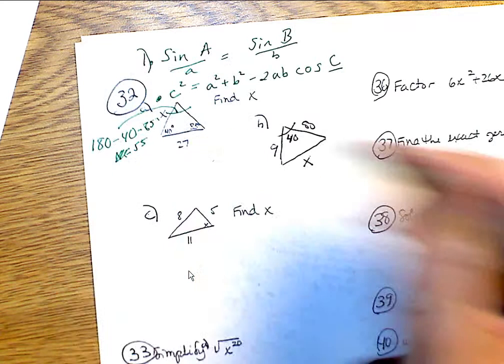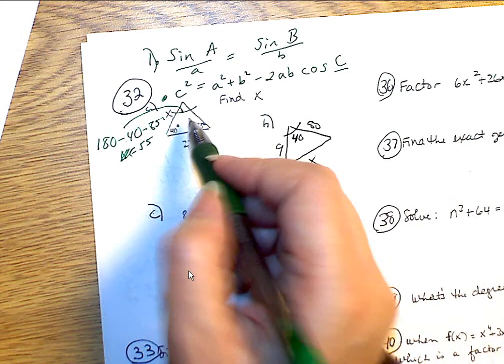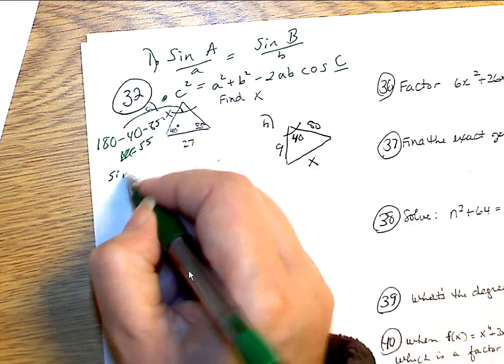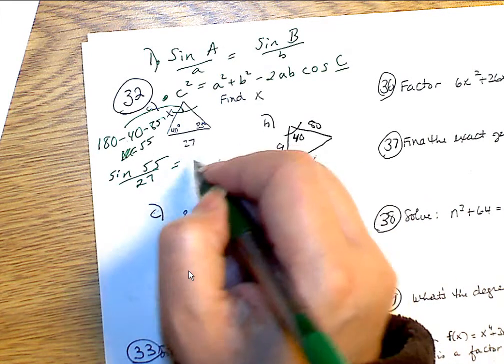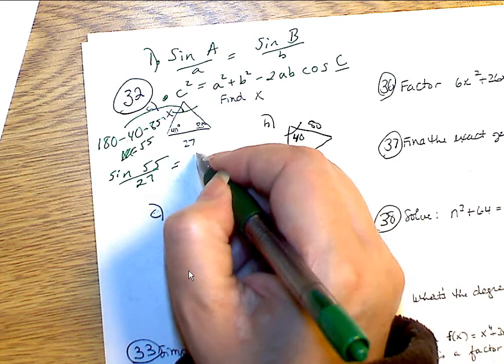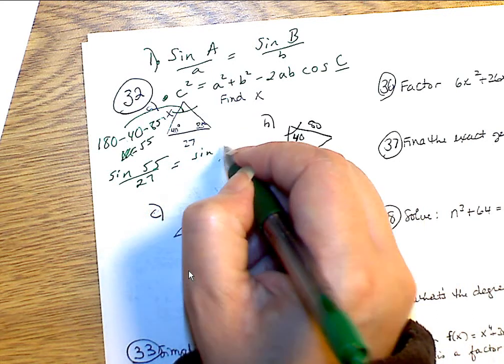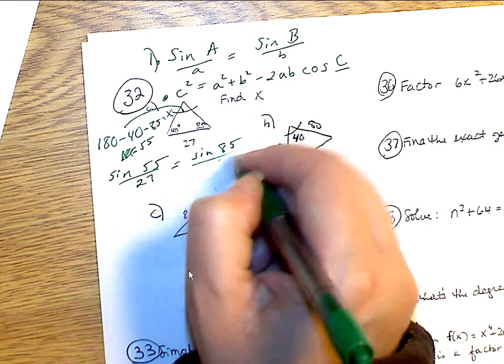All right, so we're going to go sine of 55 over 27 is equal to sine of 85 over x.